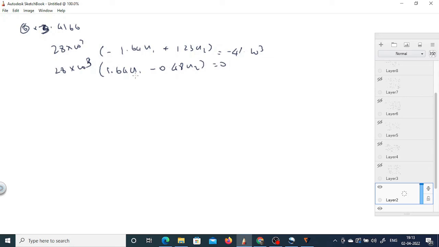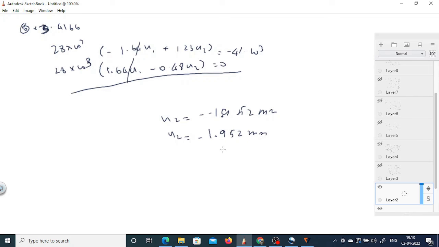Likewise I got. After that I can easily remove this term from this total equation. From this I can get with the aid of calculator u2 is equal to minus 1.952 mm. So u2 is equal to minus 1.952 mm I got.